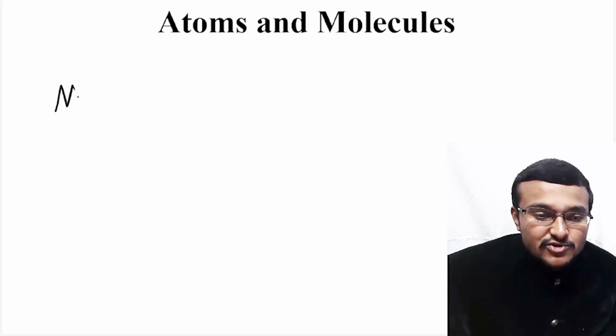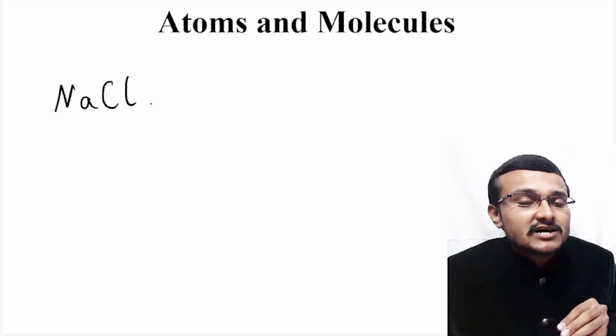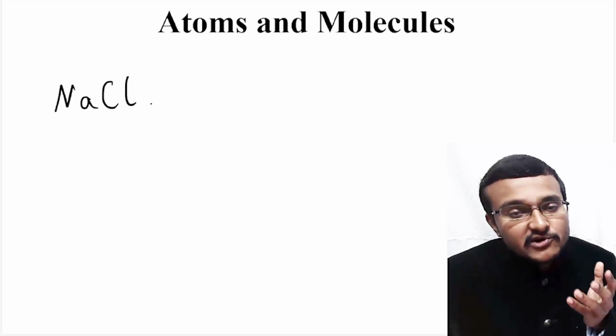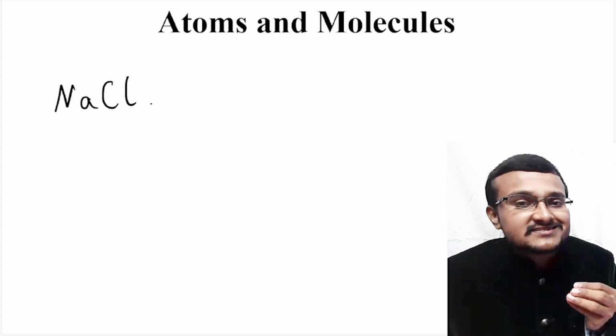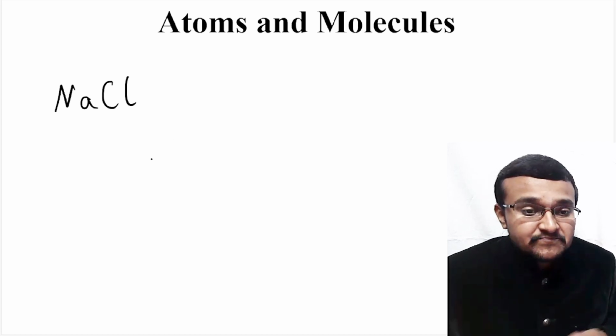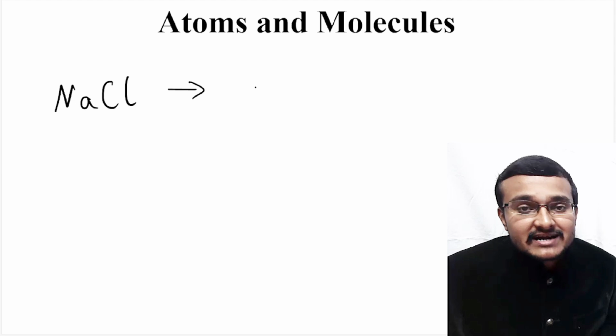So what is formula unit mass of NaCl? Same way how you find out molecular mass of different compounds, for formula unit mass also you will follow the same procedure. The only difference is name will be different, that is formula unit mass will be the name. So here to calculate formula unit mass of NaCl, again you can consider the atomic mass unit of sodium and chlorine.